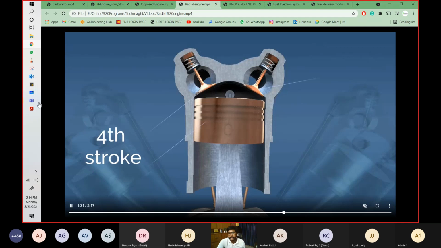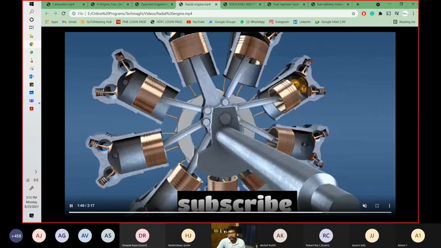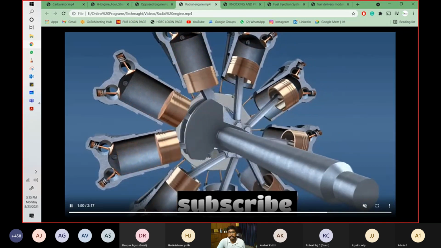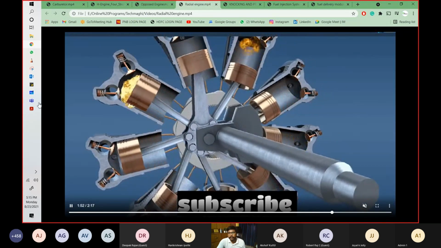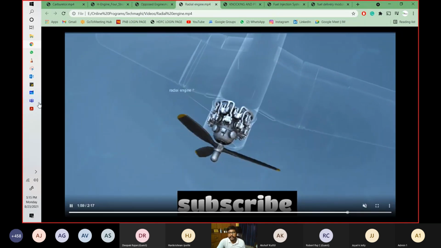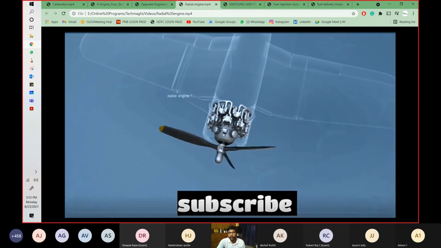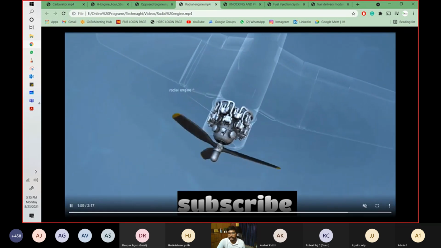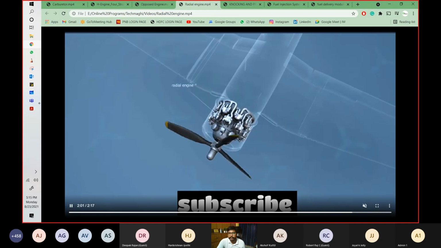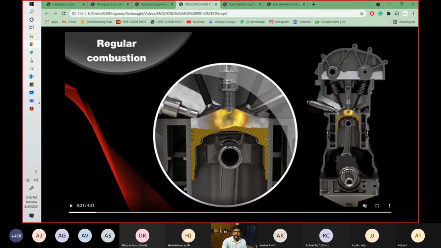If you use an inline engine inside an aircraft, it would be very hard for you to run the aircraft, as there will be issues with the power and the size of the engine, and obviously the way in which the power is being produced. So this is the radial engine.